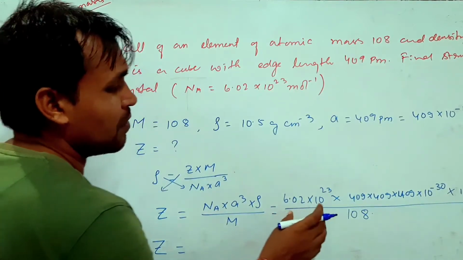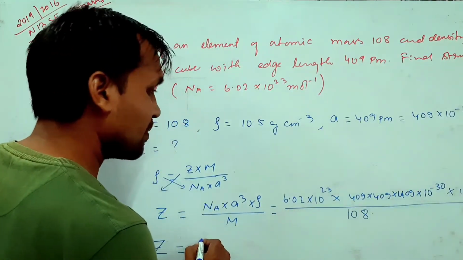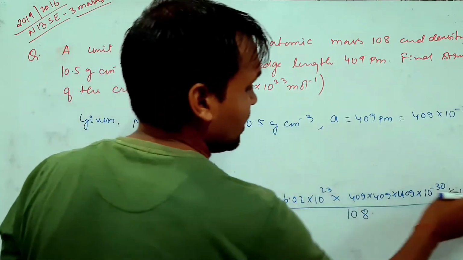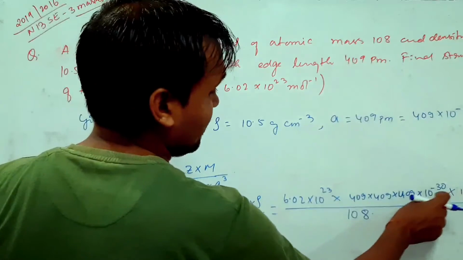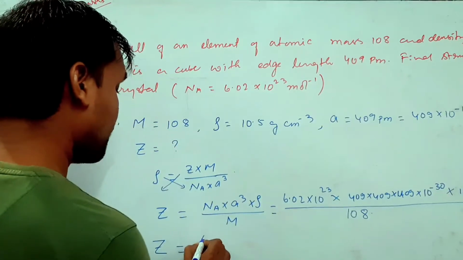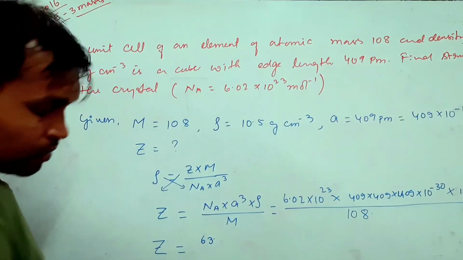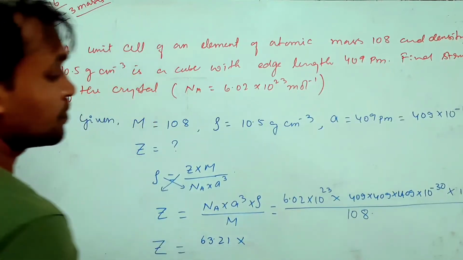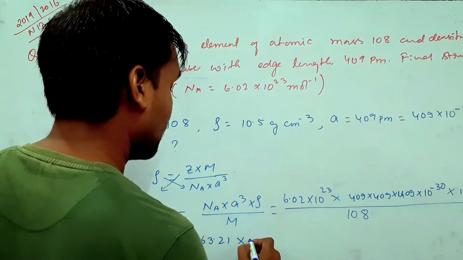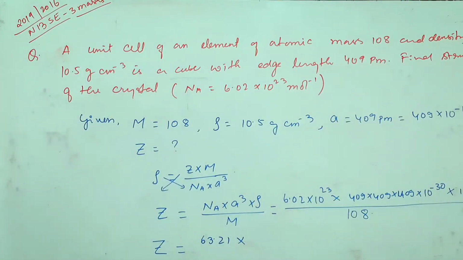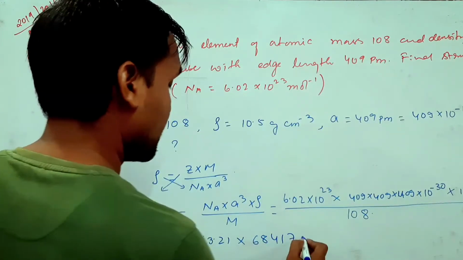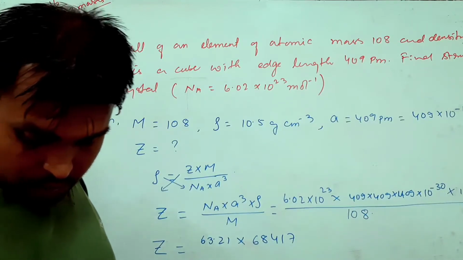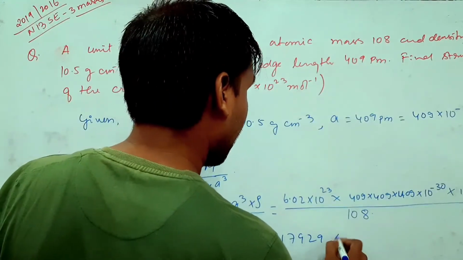Z equals, first of all you multiply all this. Multiply 6.02 and 10.5, then you will get 63.21, into the product of all the rest.